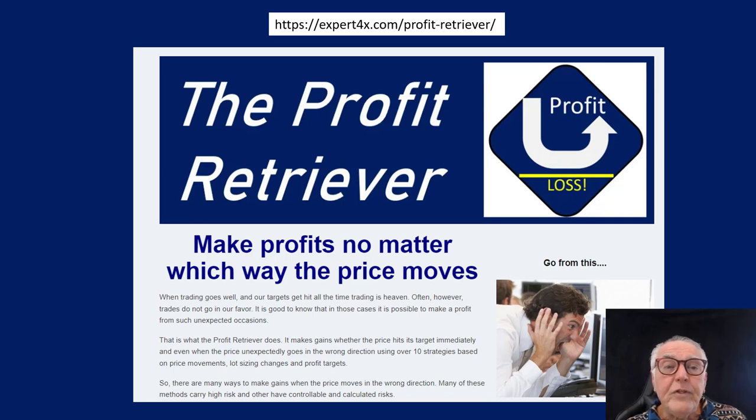And as you can see on the screen, it makes profits no matter which way the price moves. So direction doesn't play a role, stops don't play a role, targets play a small role in this particular EA. But the main way it makes money is by position sizing its deals in creative ways.